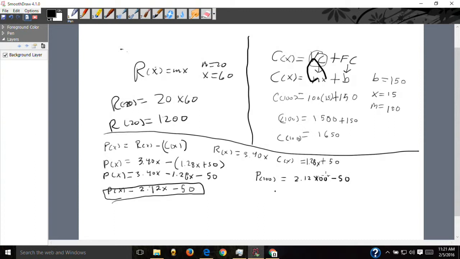In parentheses, this times 100 becomes 212 minus 50, which becomes $162. Don't forget your notation. So $162 is what they will make with producing or selling 100 boxes. And that's all there is to it.